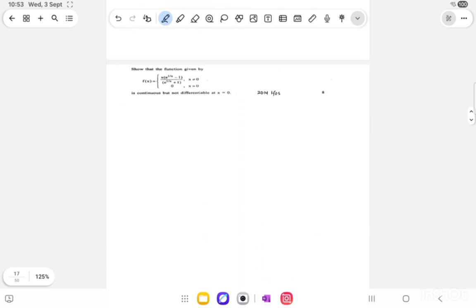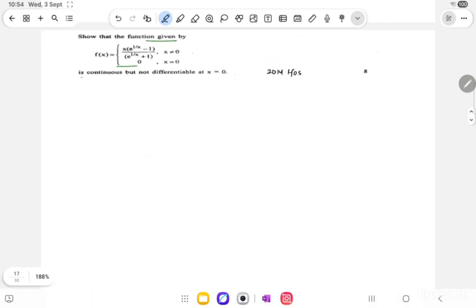So the next question says show that this function is continuous but not differentiable at x equals 0. So f x is given to me as x e raised 1 by x minus 1 upon e raised 1 by x plus 1, for x not equal to 0, and 0 when x is equal to 0.